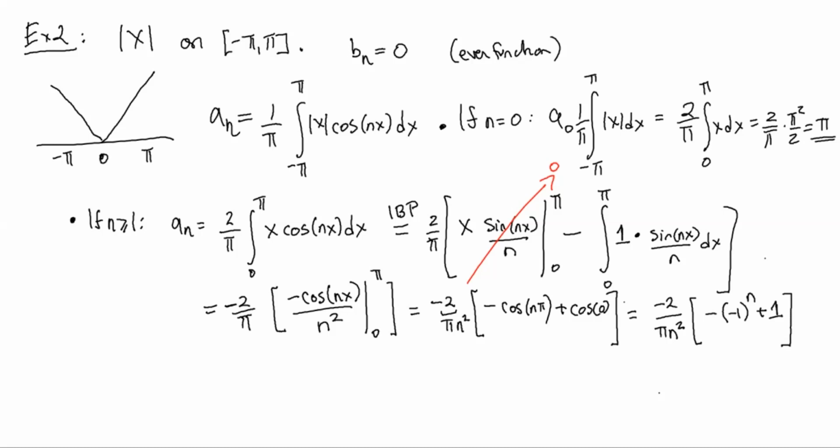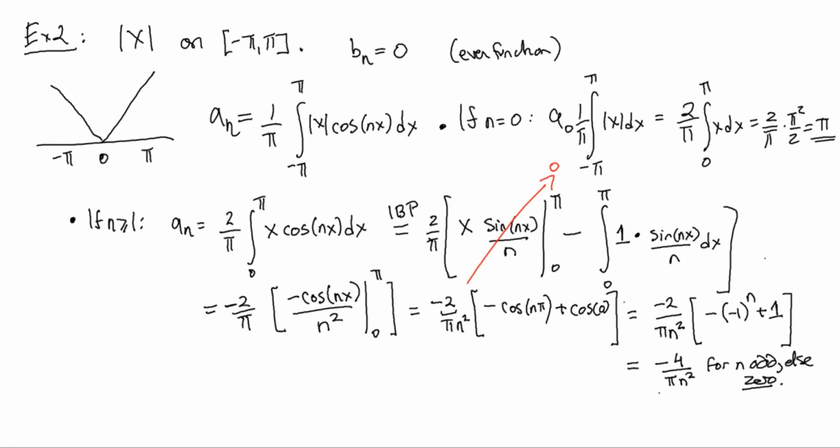Okay, that's a little funny. So if you have n even, you're going to get 0, and if you have n odd, you're going to get a 2 there. So this is minus 4 over pi n squared for n odd, else 0.